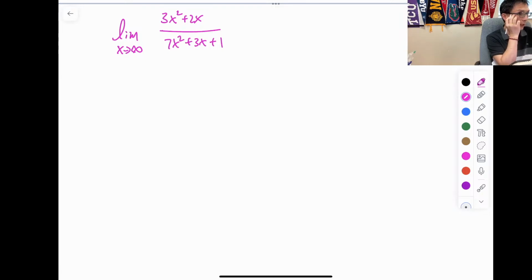So without telling you how to do it, does anybody know what happens when the limit as x approaches infinity? Jenny? It's positive, okay.